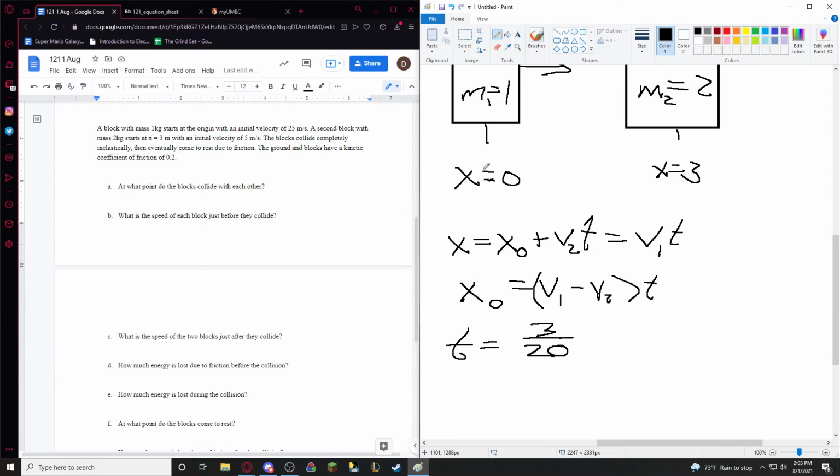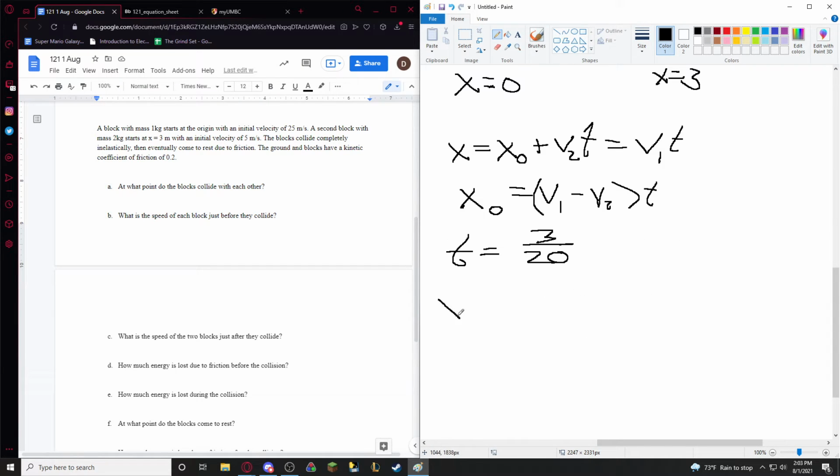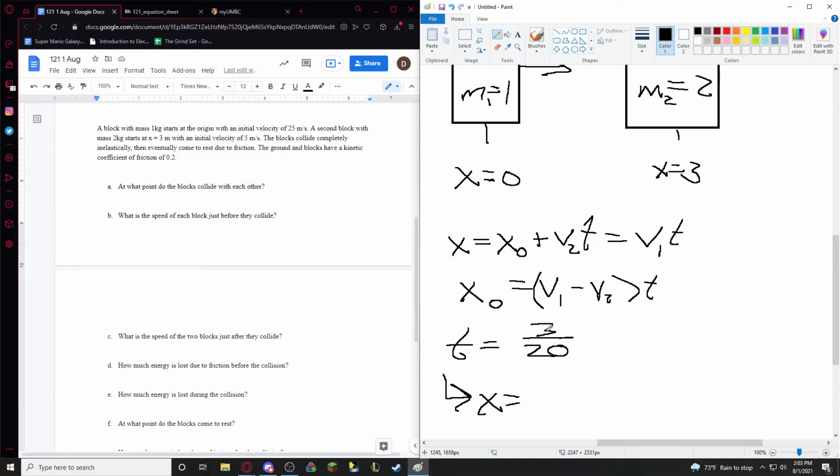So what x value do they end up colliding at then? You just put the time back into that equation and you get 25 times 3 over 20, which is 3.75 meters.